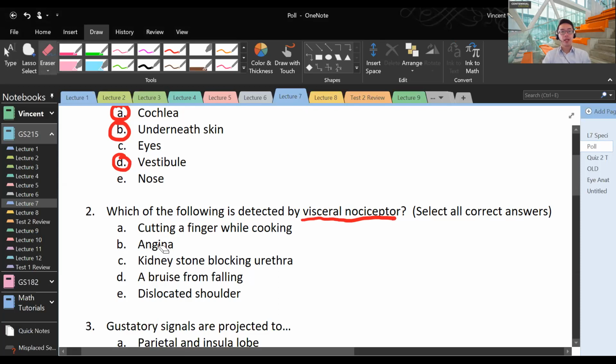So not that. Angina, the chest pain, right? That's from the inside. Kidney stone blocking the urethra. That's from the inside. A bruise from falling, dislocation of the shoulder. Those are all going to be surface type of damage. So only B and C will be detected by visceral nociceptors. Okay.